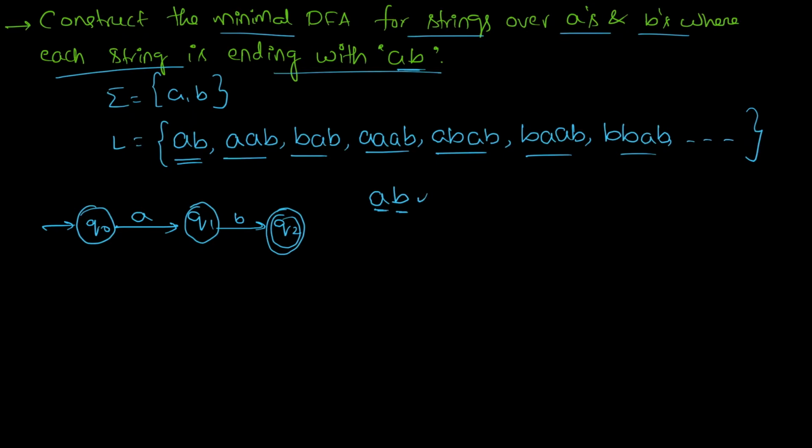Now consider the string AAB. From initial state Q0, on seeing A, we move to Q1. From Q1, on seeing A, we will be in Q1 only, because no matter how many A's I see at Q1, I will not be going to the final state except when I see B. On seeing B, from Q1, we go to Q2 and accept this string.